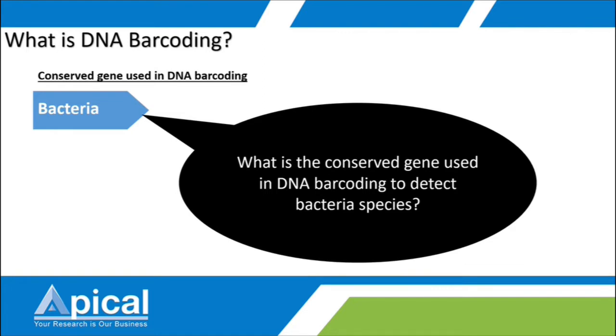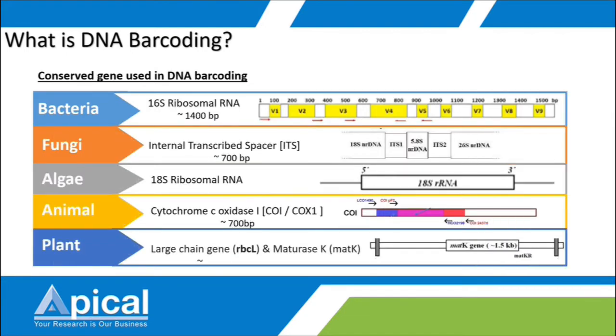Okay, so let me continue. The conserved gene used in bacteria is 16S RNA. Yes, you all are correct. And to detect fungus, it is usually the ITS gene. Algae is the 18S RNA gene. Animal is COI.